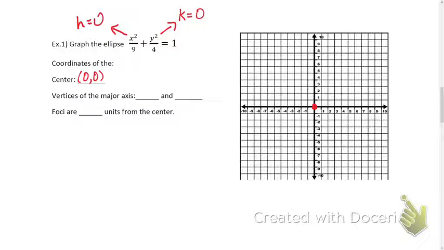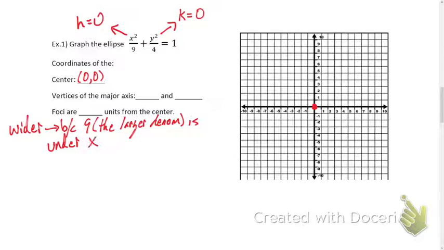The larger denominator is under x, so this one is wider. Because 9, the larger denominator, is under x. So that means my major axis is going left to right.